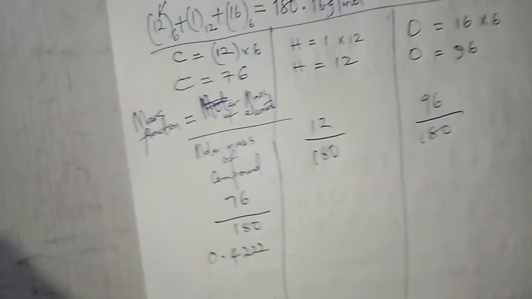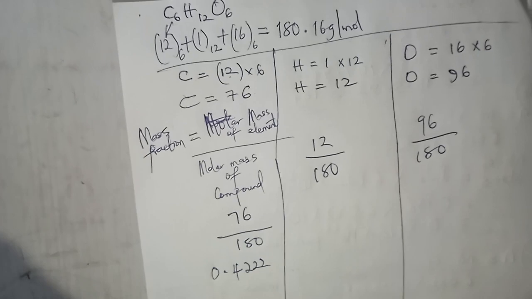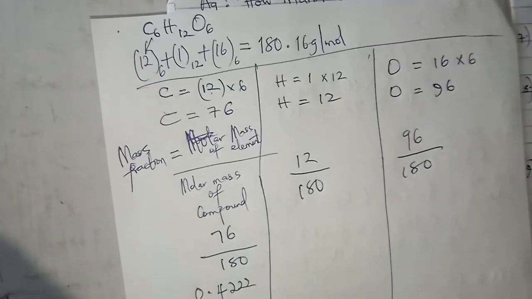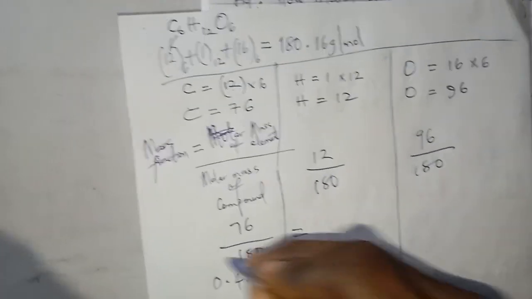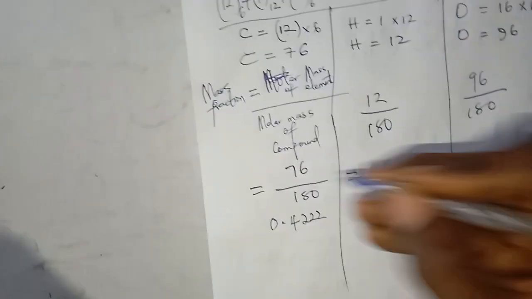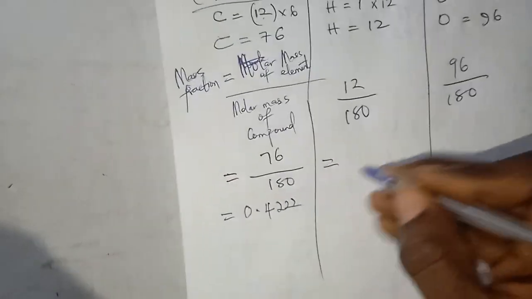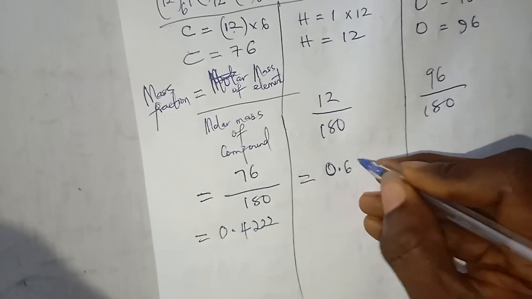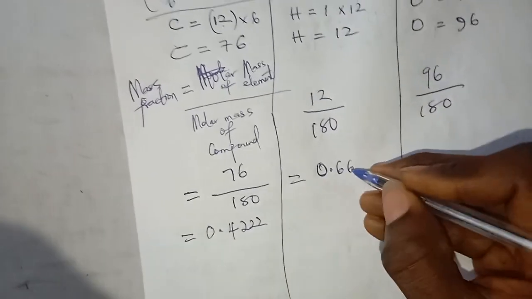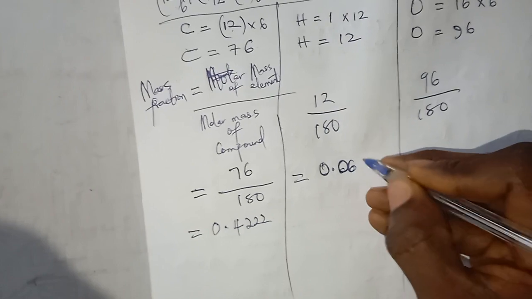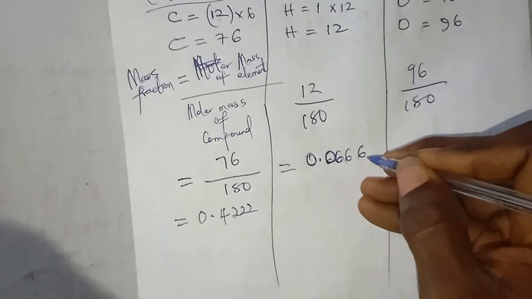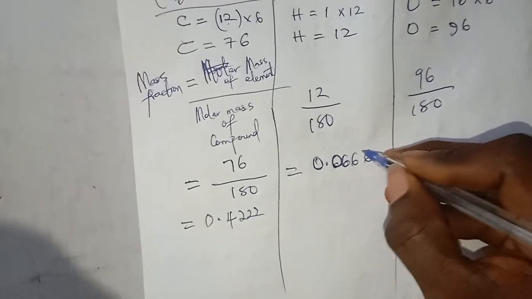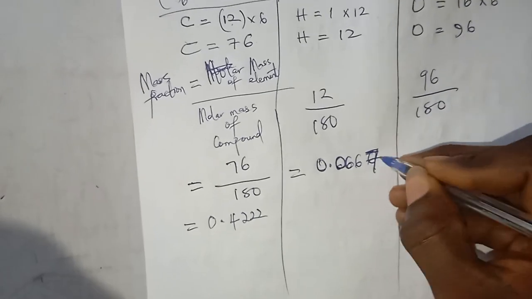Let's do 12 divided by 180, which gives 0.0666 and so on, so let me approximate it to 0.0667.